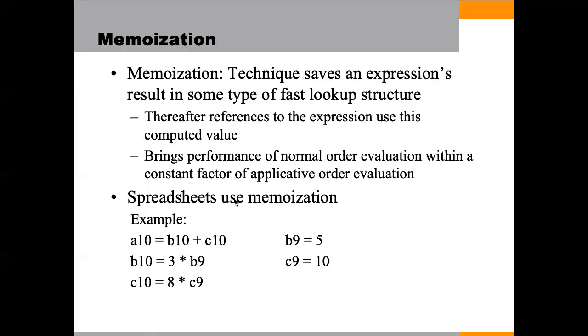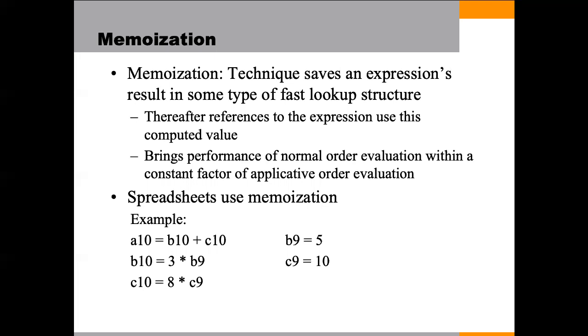Okay, then the last thing with evaluation order. This is actually not so much evaluation as an optimization technique for functional languages, and someone asked about it a week and a half ago. Because of the lack of side effects in functional languages, you can cache the results of evaluating a function.